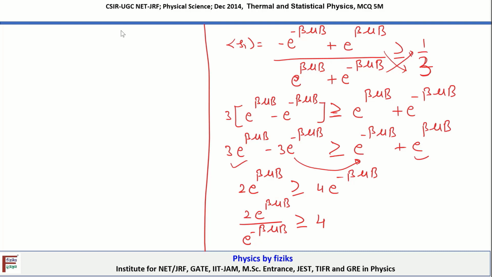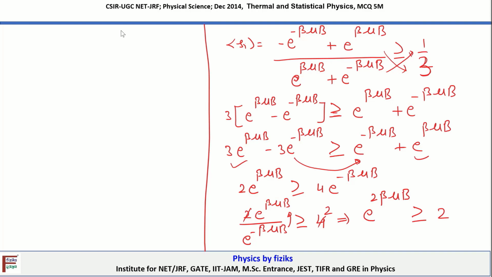So 2 will cancel with 2. This implies that, clubbing the exponents in the numerator, e power 2 beta mu b is greater than or equal to 2.